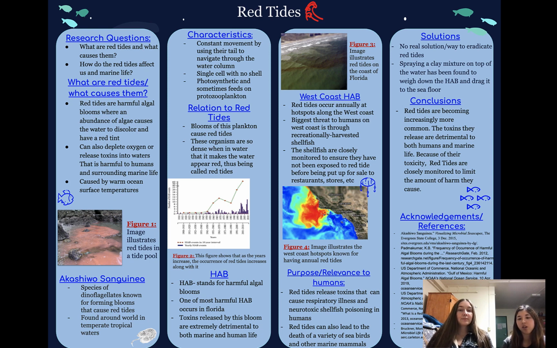HAB stands for harmful algal blooms, and one of the most harmful HABs occurs in Florida. The toxins released by this bloom are extremely detrimental to both marine and human life, so it can have very negative consequences on both marine life and human lives, as well as the entire marine ecosystem.